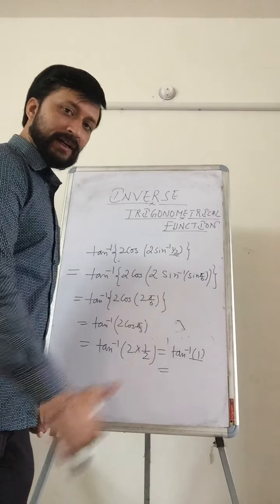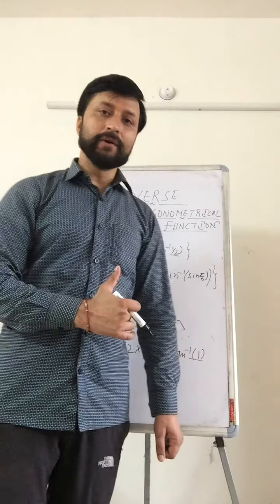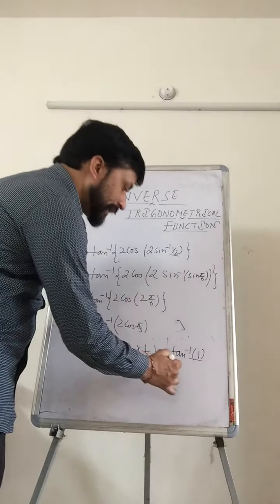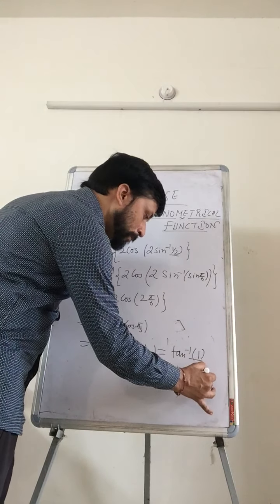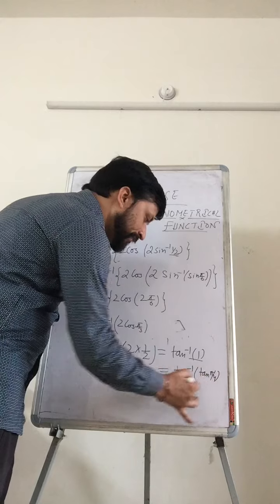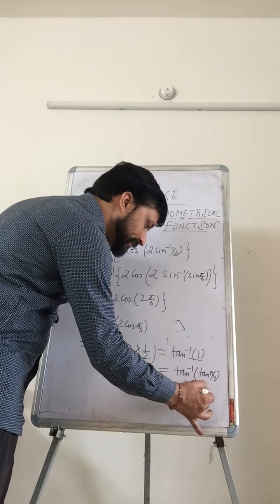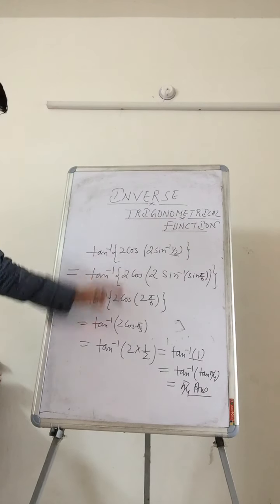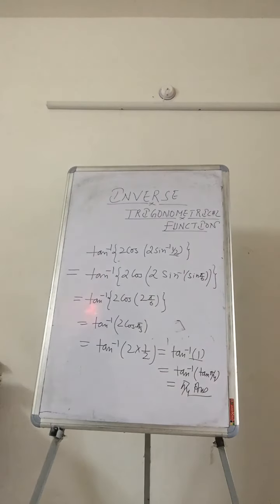But we will express this angle in terms of radians, that is tan inverse of tan pi by 4, and finally we are getting pi by 4. So this is your answer. In this way you have to solve. You have to follow the rules and the steps, and it is very easy also.